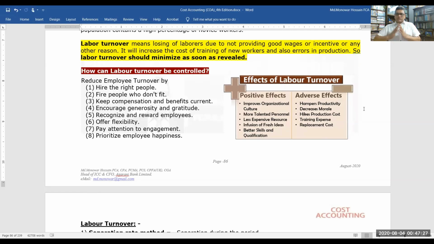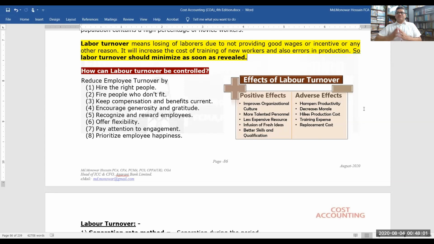It has both positive and negative effects. The positive effect is that it can improve organization culture, because if a new person comes into the organization, he can bring fresh blood, new ideas and energetic ideas. Also more talented personnel, less expensive resources, fresh ideas, better skills and qualifications.